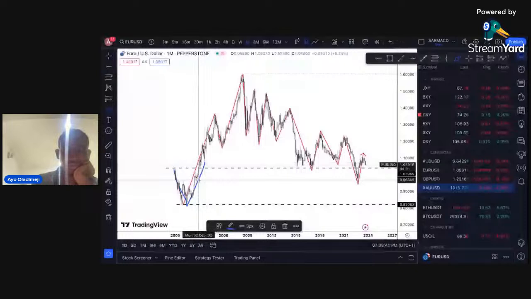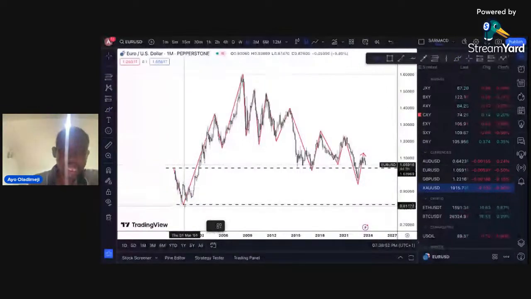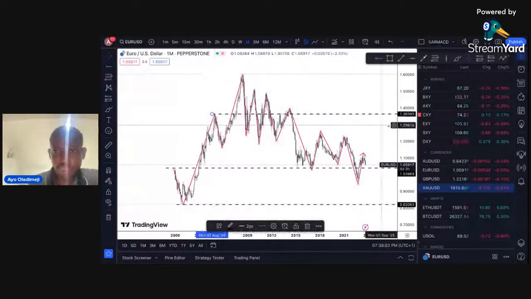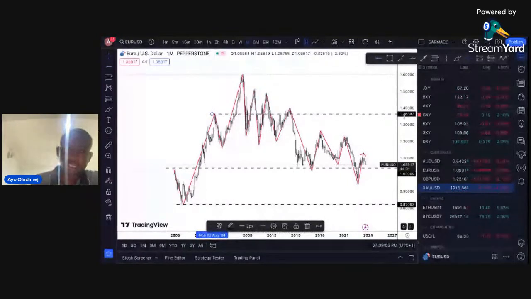Let's look at the next place where price bounced. So price was going up in 2004. Price bounced, hit a resistance again, and bounced down. That's $1.3, and it bounced down and came.